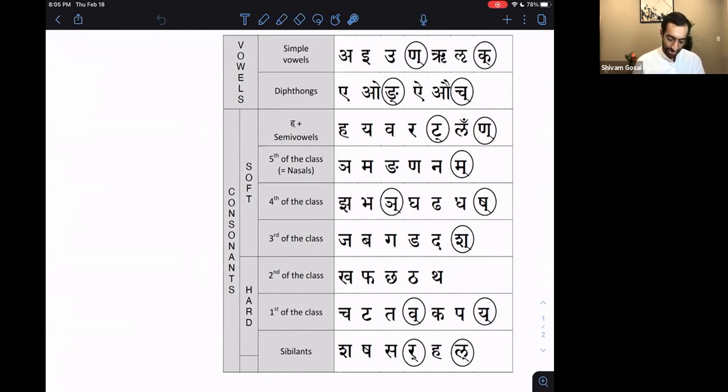So what you want to write is all vowels and semivowels with hakara. So all vowels plus semivowels, and then you have to write plus ha, because ha is technically not a vowel or a semivowel, it's its own person.